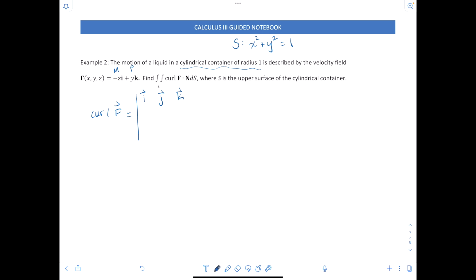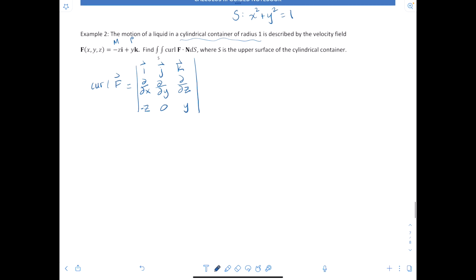And so first partial with respect to x, first partial with respect to y, first partial with respect to z. And then we have negative z, 0, and y. I know it would be nice to expand about the 0, but sometimes with the curl, I think it's just easier to go about i, j, and k.